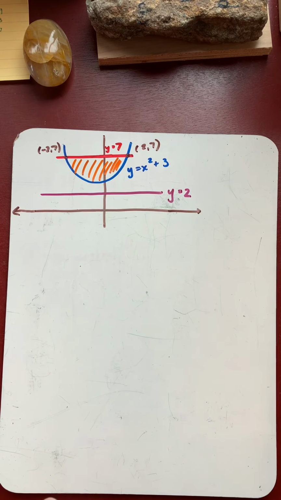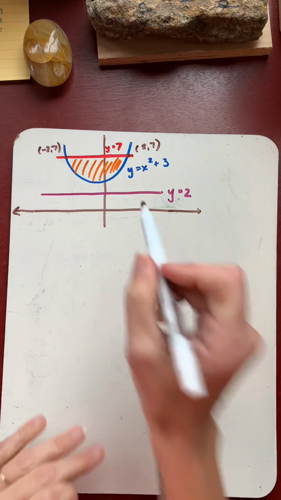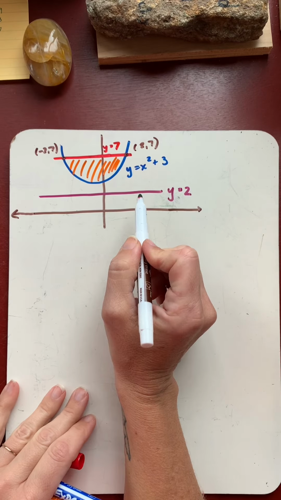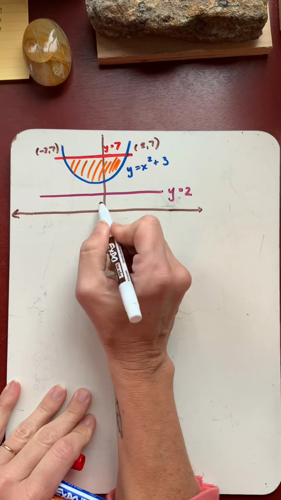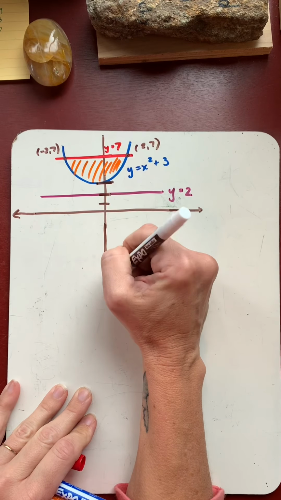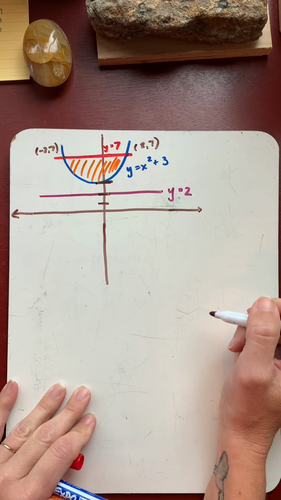Here's what, I actually sometimes graph this from scratch. I don't love always seeing a picture because then I don't think about what I'm doing. But if this is y equals 2, this is 3 here. So if I'm going to draw a picture of this revolution to see what happens.